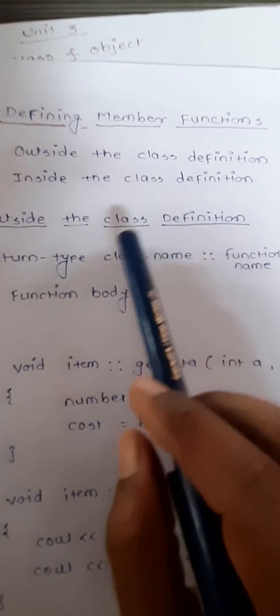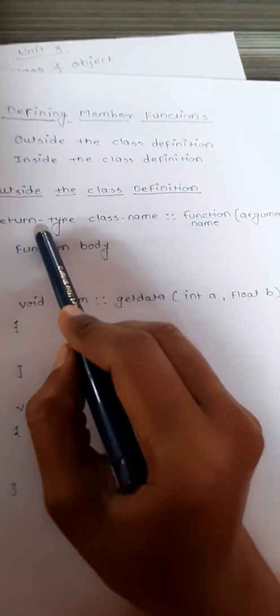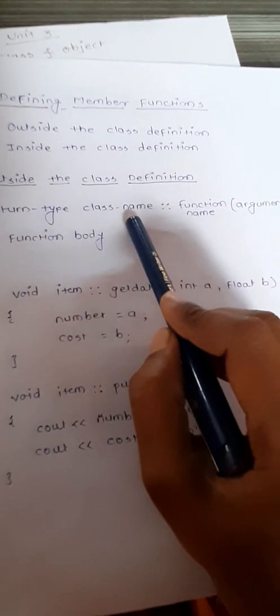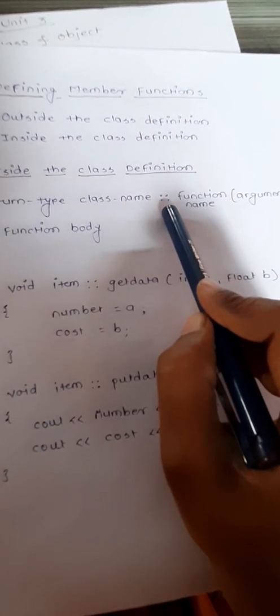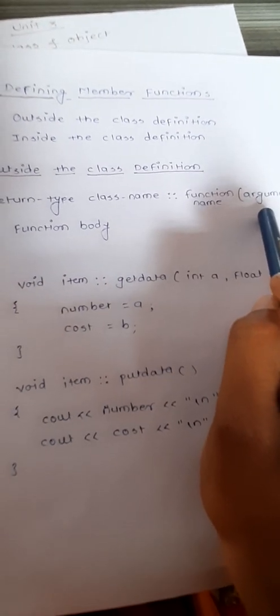In outside the class definitions, here is the syntax: return type, class name, this symbol is called the scope resolution operator, function name and argument list.